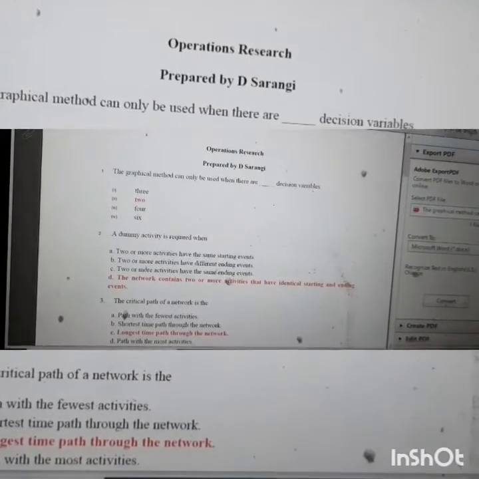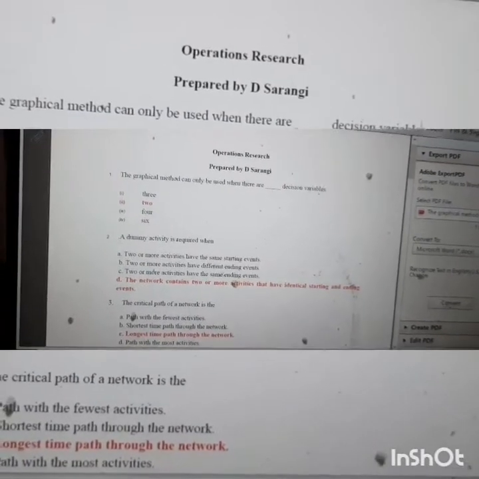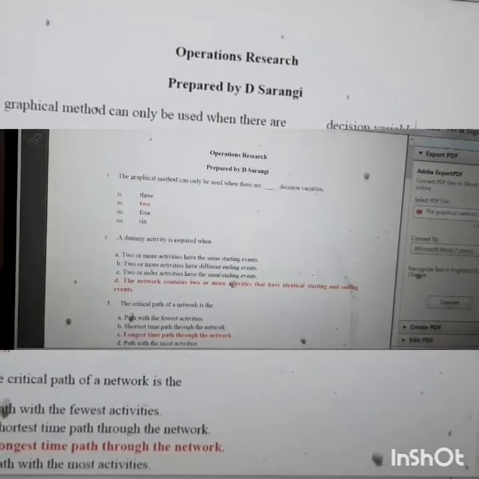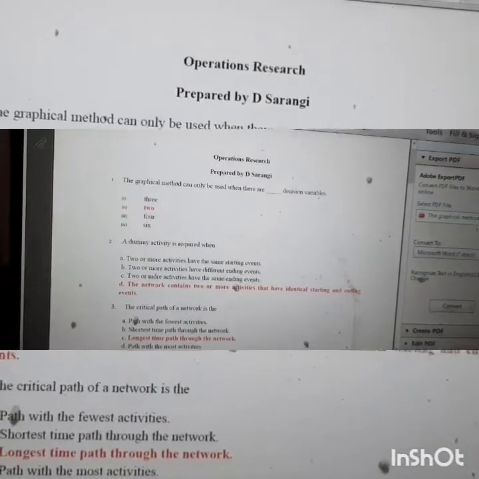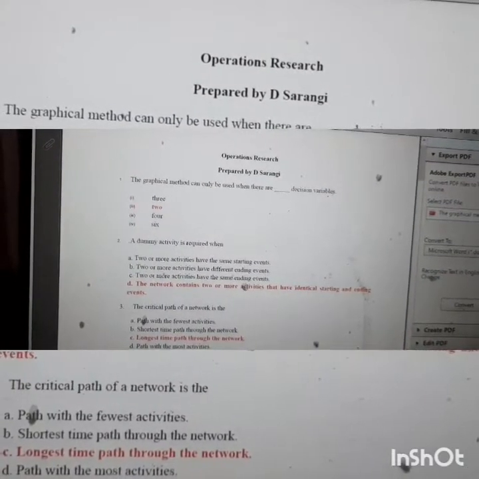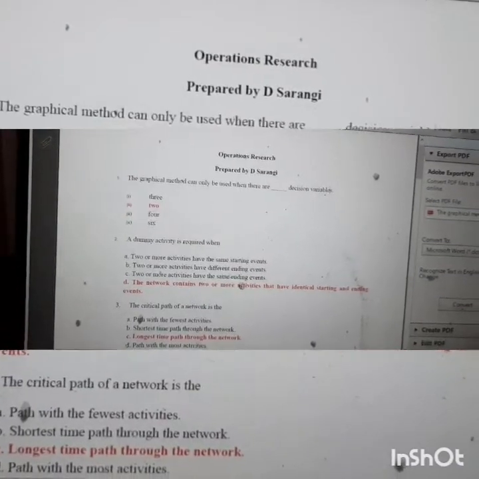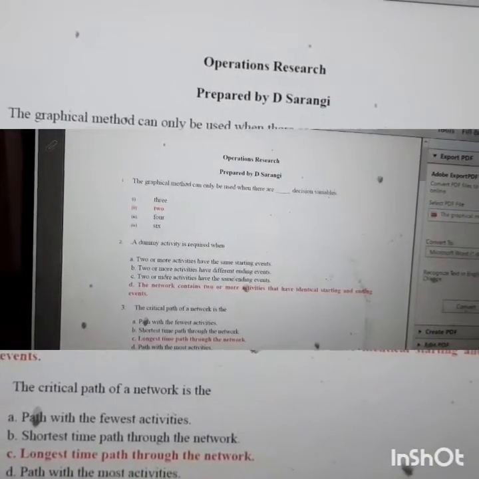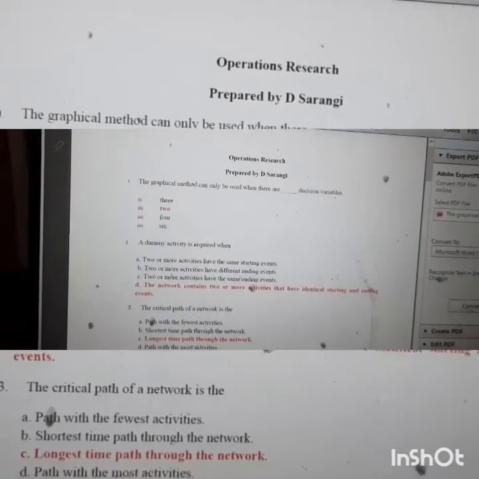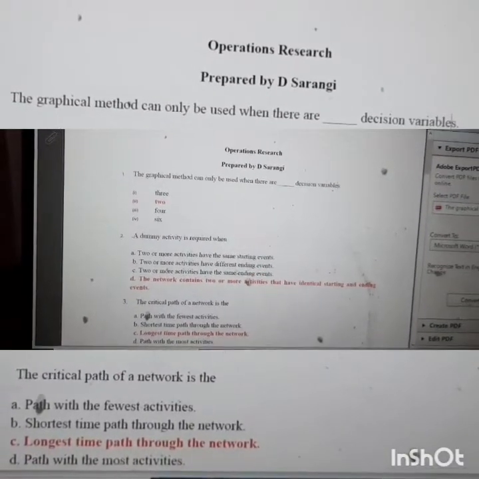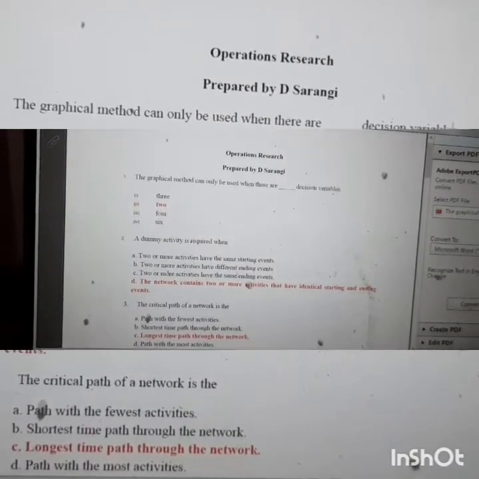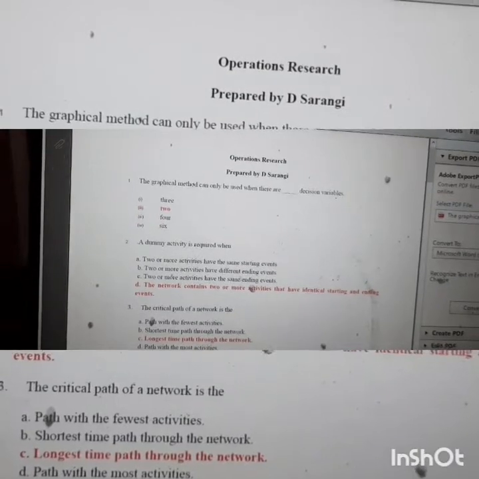Second question is, a dummy activity is required when? A dummy activity is basically an activity which doesn't consume any time or resources. It is used to maintain the logic of the network. The options are: two or more activities have the same starting event, two or more activities have different ending events, two or more activities have the same ending events, the network contains two or more activities that have identical starting and ending events.